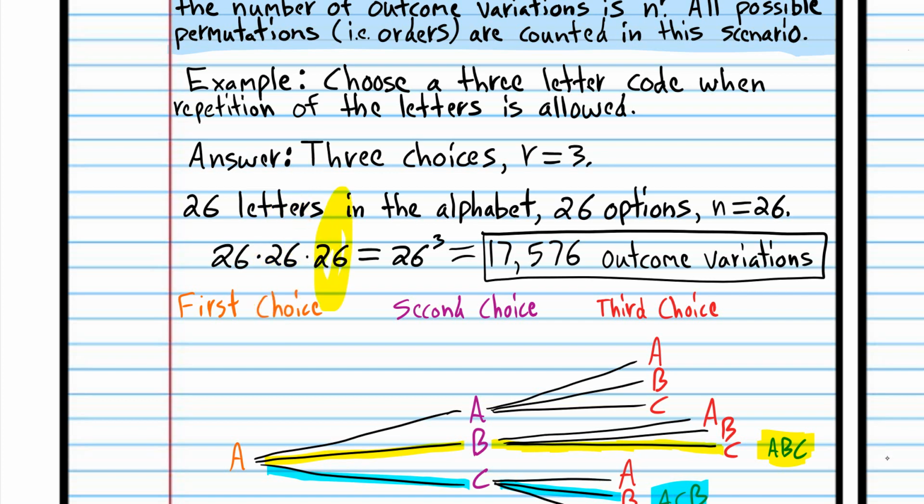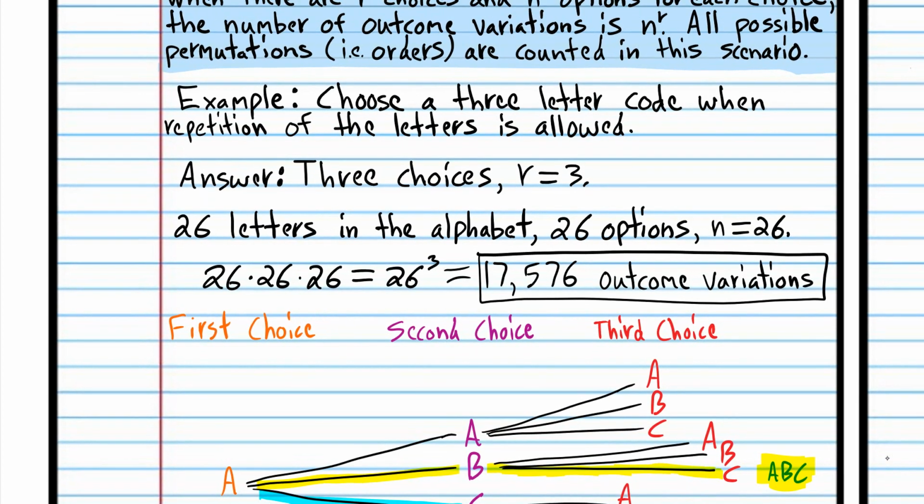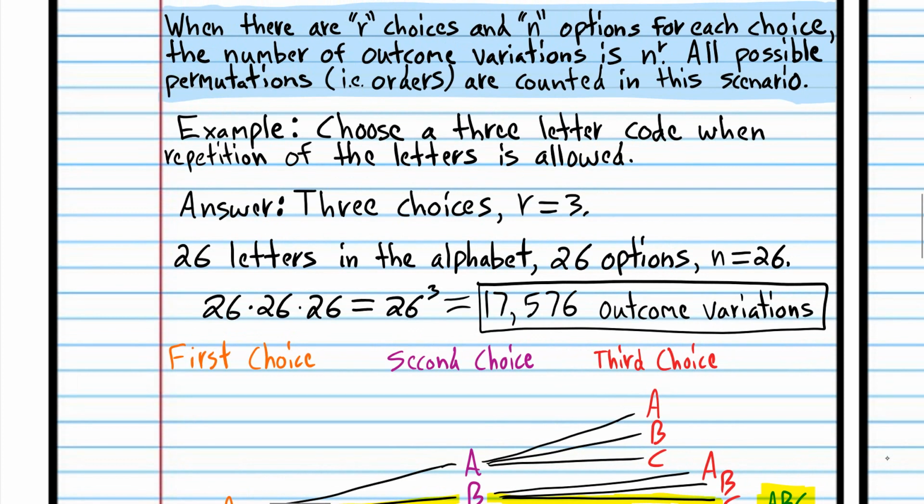And our third choice is also going to have 26 options. So we're using the same multiplication principle, but the difference with this problem is that we are, again, taking from the same pool of options. And so the numbers are the same, 26, 26, 26. And so our answer is 26 to the 3rd power.